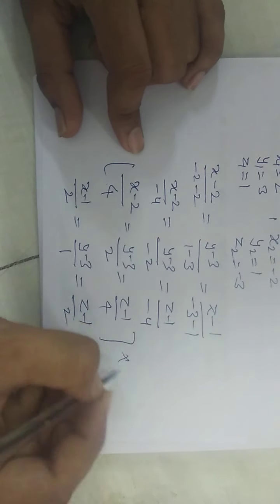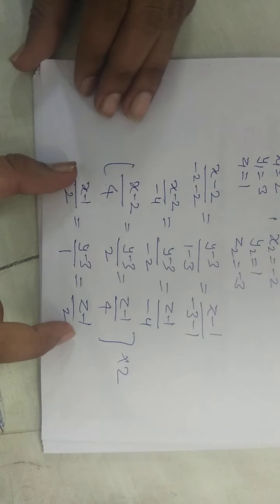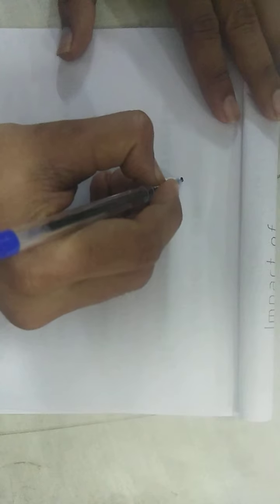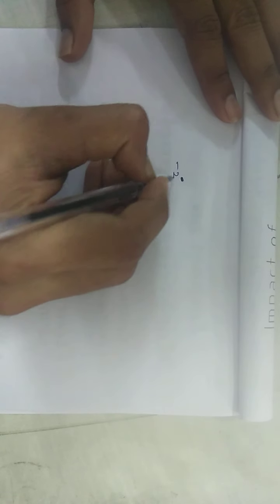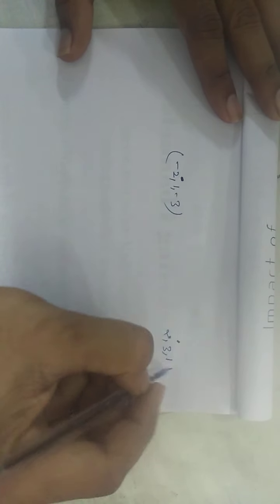We get the equation of the line. Then the first point is (-2, 1, -3) and the other point is (2, 3, 1).